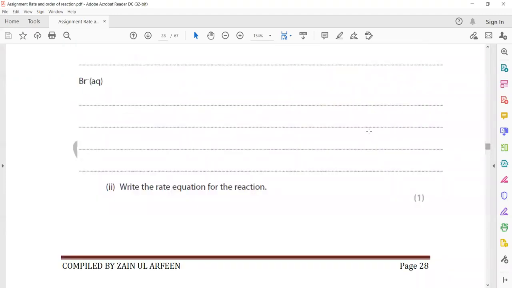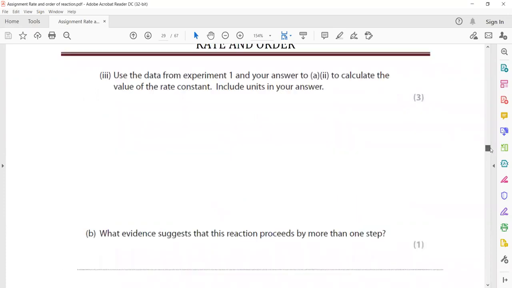Then we have to write a rate equation. So the rate will be equal to k times, they provide that it was first order with respect to BrO3. We found that it is second order with respect to hydrogen, and we worked out it is first order with respect to bromide. So this will be the rate equation. Then use the data to calculate the value for rate constant.